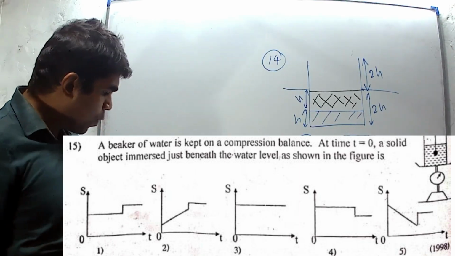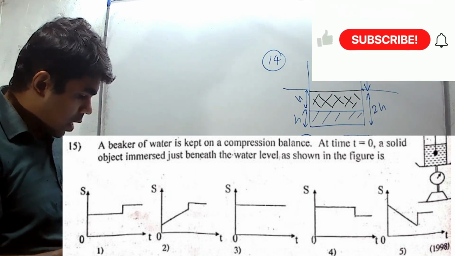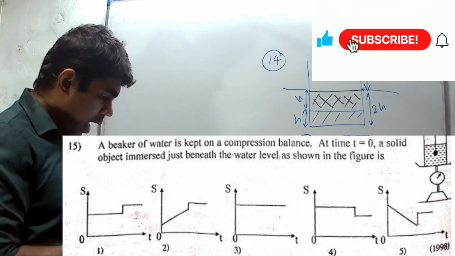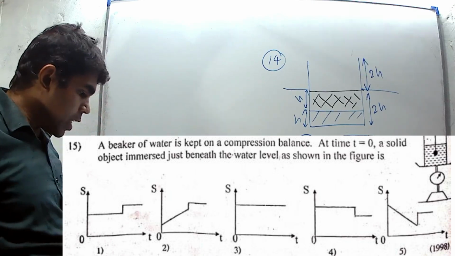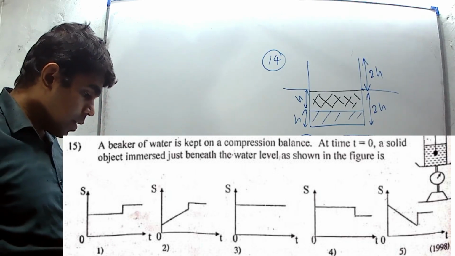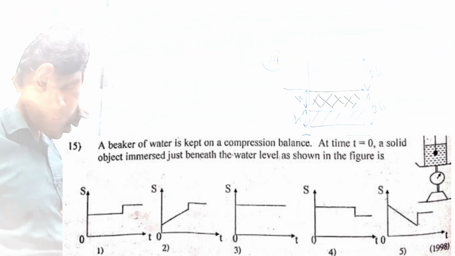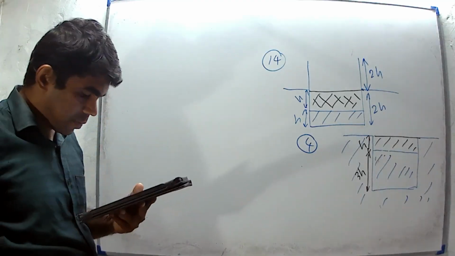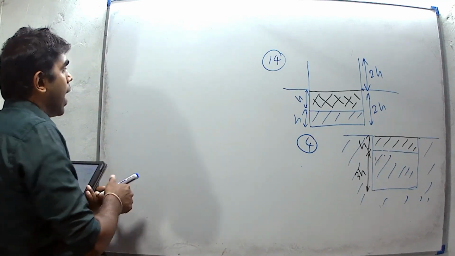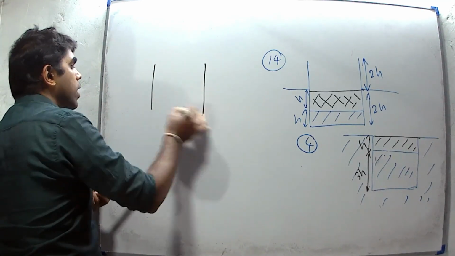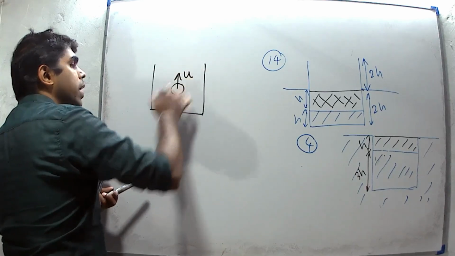A beaker of water is kept on a compression balance at time t equals 0. A solid object is immersed just beneath the water level as shown in the figure. We know that when immersing an object in water, there is an upthrust on the object.